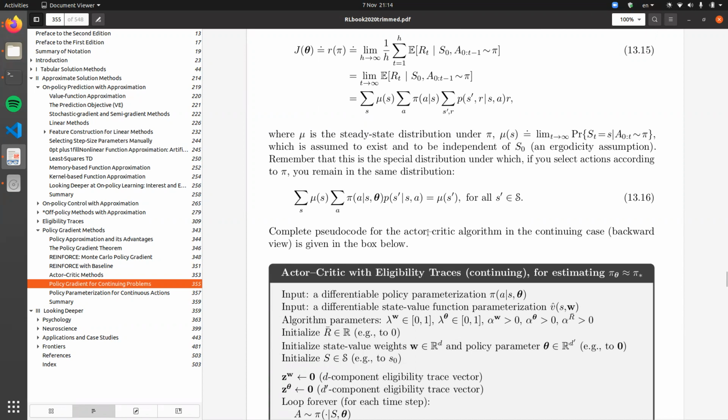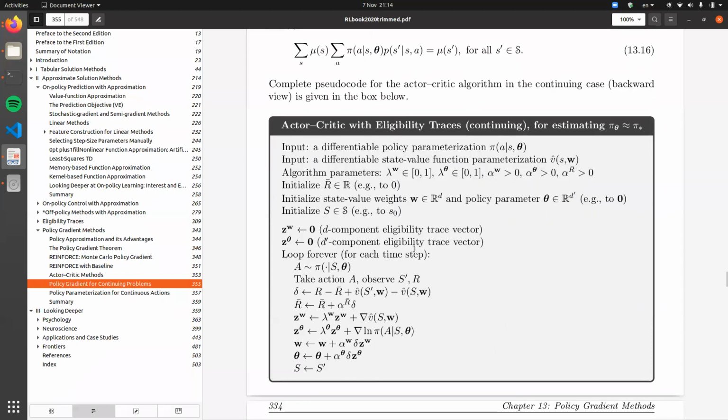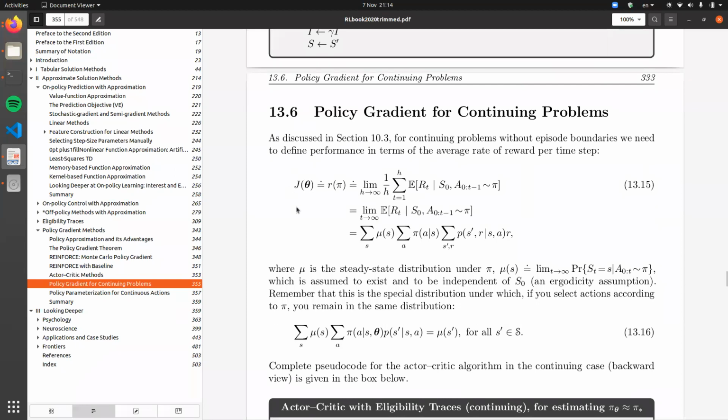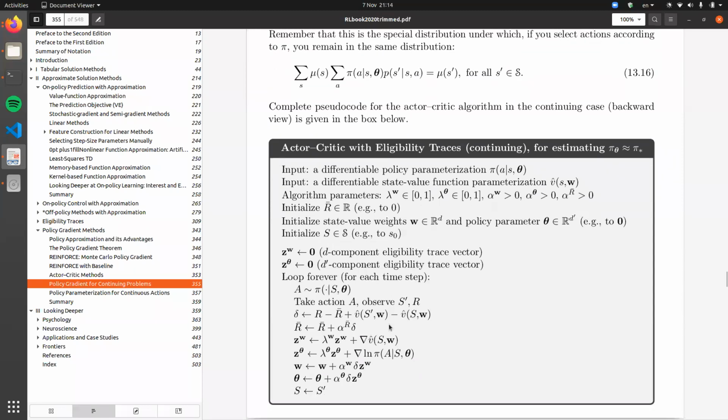That was introduced in chapter 10 or 9, and we discussed it as well. By rewriting the objective in this way, we can now produce an actor-critic algorithm with eligibility traces for this case.